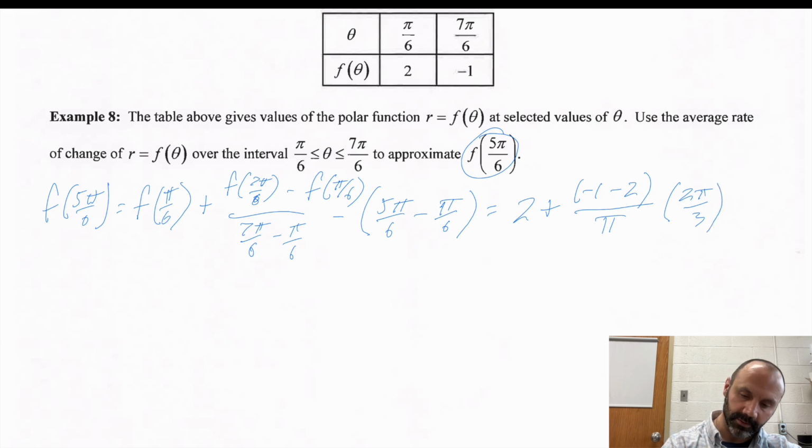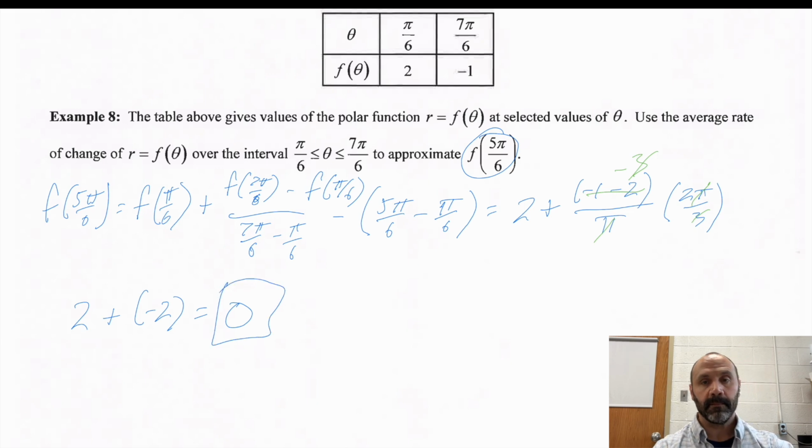So let's see how this simplifies. So 2 plus, and on top here is going to be -3, right? This is -3, but that cancels out with this guy down here. The pi cancels out. So I'm just left with -2. So 2 plus -2 equals 0. So we're approximating that f of 5 pi over 6 is going to be about 0.